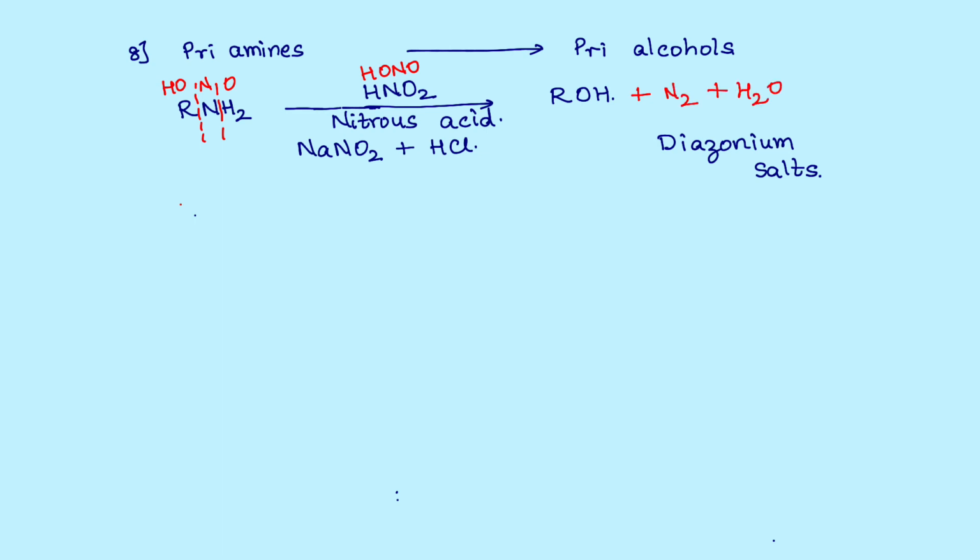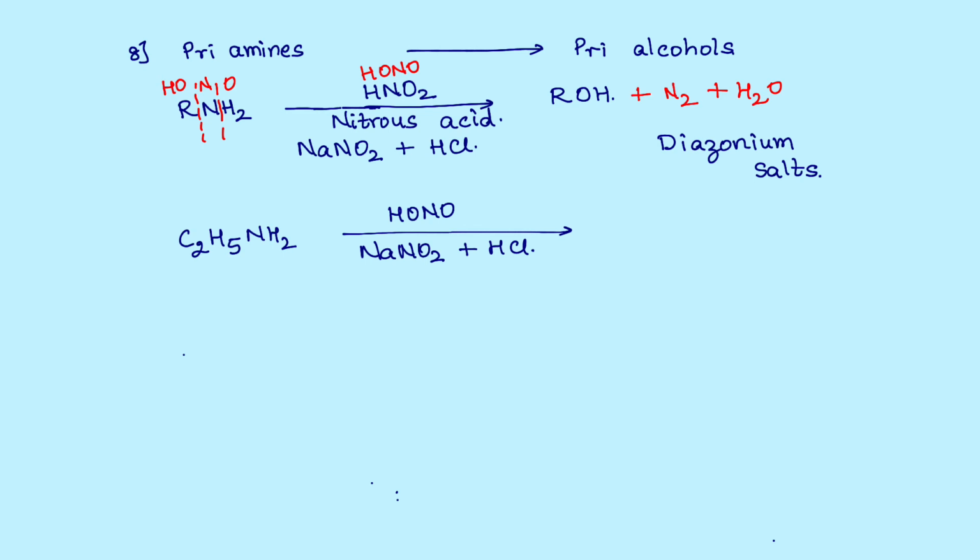Try writing the same reaction with C2H5NH2 reacted with nitrous acid, HONO. How do you form nitrous acid? It is generated in situ, NaNO2 and concentrated HCl.